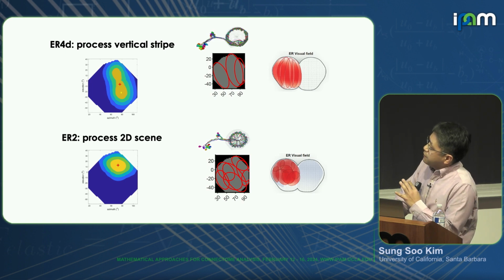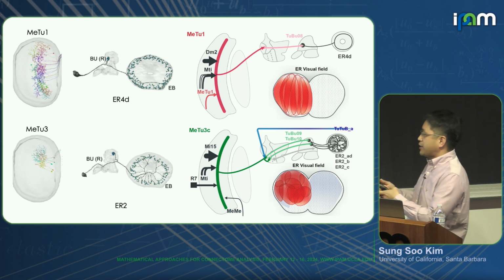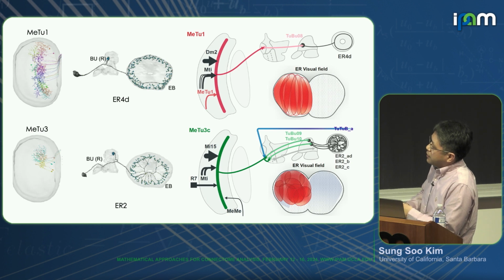But because we have more data, we didn't stop here and actually reconstructed further upstream of the MIT2 neurons and identified the neurons that provide major input to the MIT2 neurons. And there are PM2 neurons, MTI neurons, and MIT2-1 neuron actually has some recurrent connection among themselves. For MIT2-3, the input is MI15, MTI, R7, and so on.